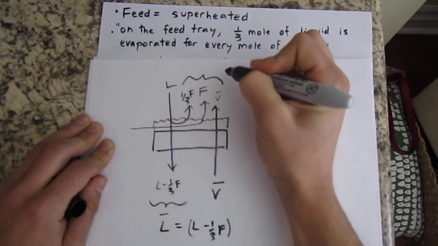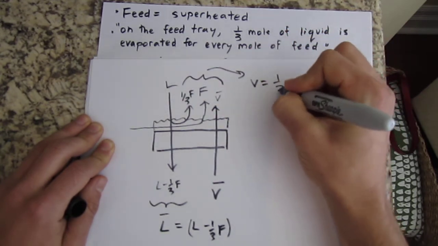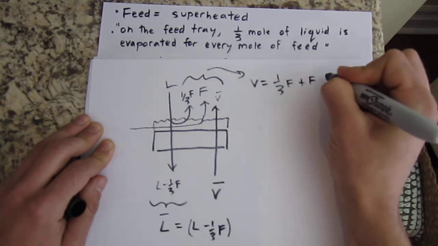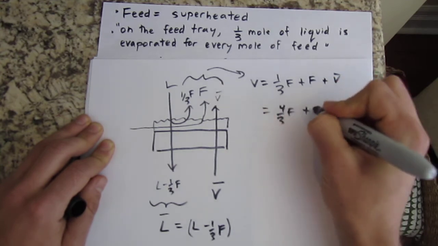And V is the sum of all these: 1/3 F plus F plus V bar equals 4/3 F plus V bar.